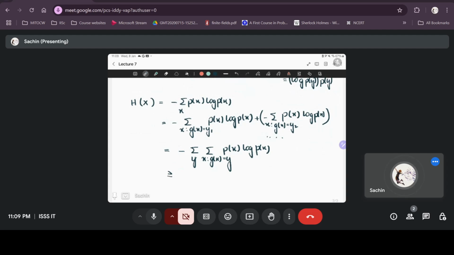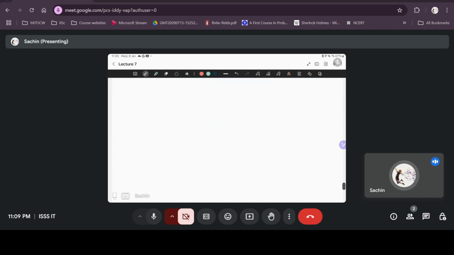And from the above inequality, this is greater than or equal to minus p of y log p of y summed over all y, which in turn is equal to h of y. So if y is a function of x, then the entropy of y is less than or equal to the entropy of x.